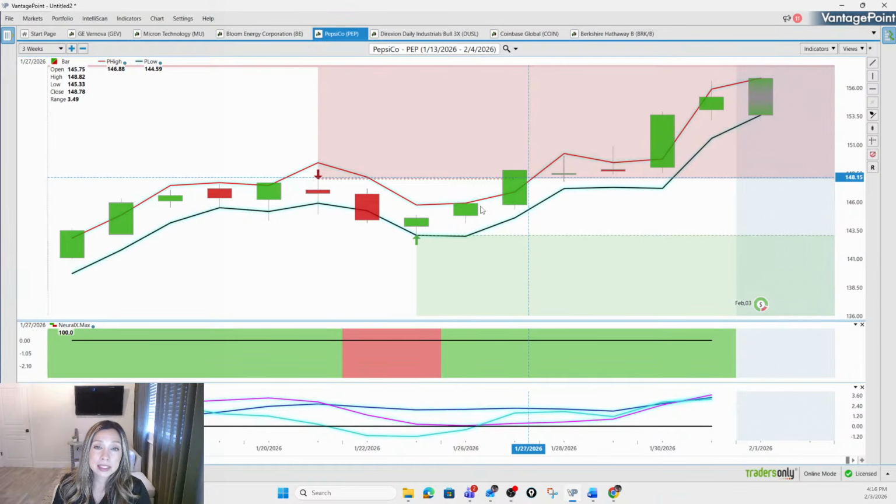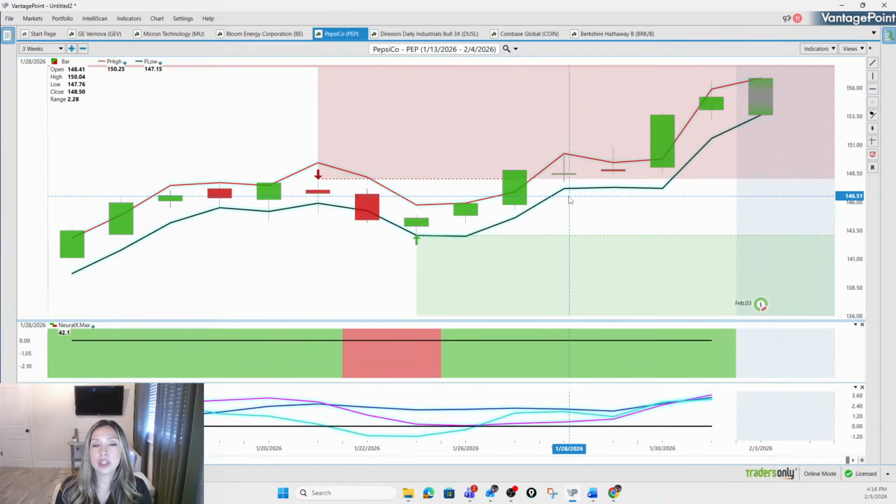So as price, as I mentioned, approaches resistance, we become at increased risk. You may want to tighten up those stop losses. And you can see the predictive low does a great job of that for you. If you just set that stop a comfortable distance from that predictive low, you see you would not have gotten stopped out here.